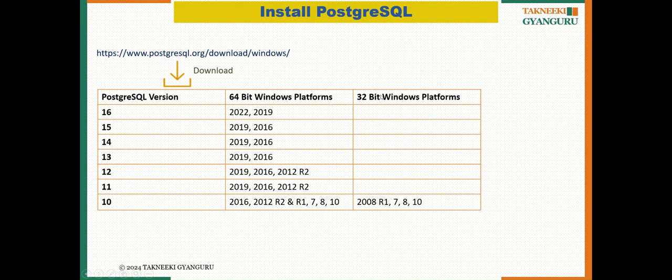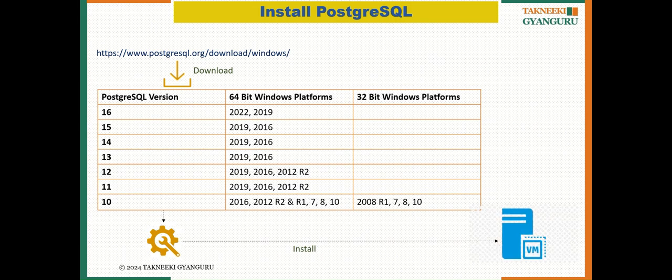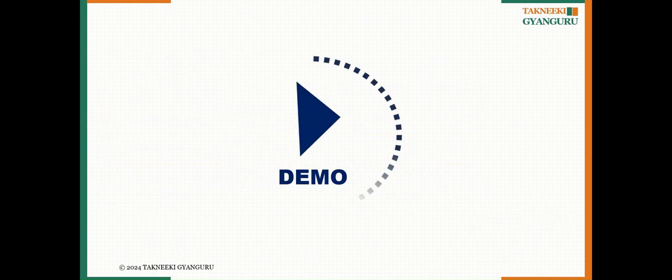And if you have a 32-bit Windows platform, then version 10 will be compatible. Once we download this, we will install this installer on our VM. So let's go and have a hands-on demo of how we can install Postgres in Windows.